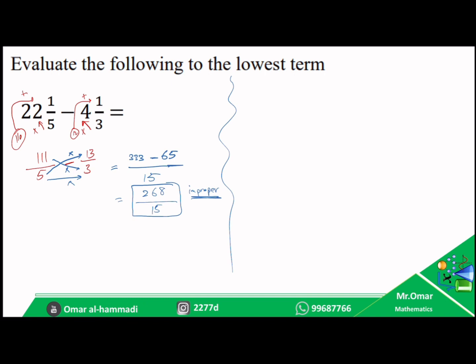So we have to write what? 15, then 30. So we have to add the 15 each time. 30, then 30 plus 15 is 45.